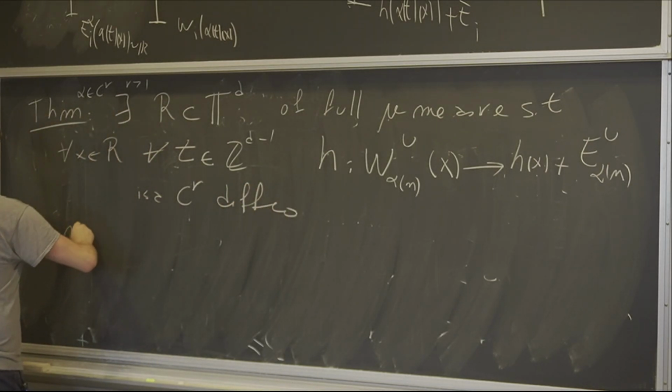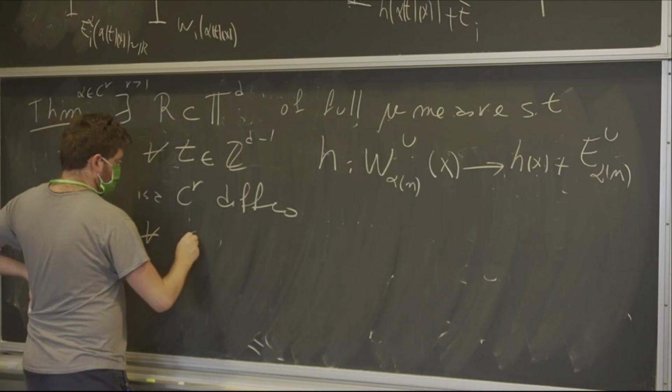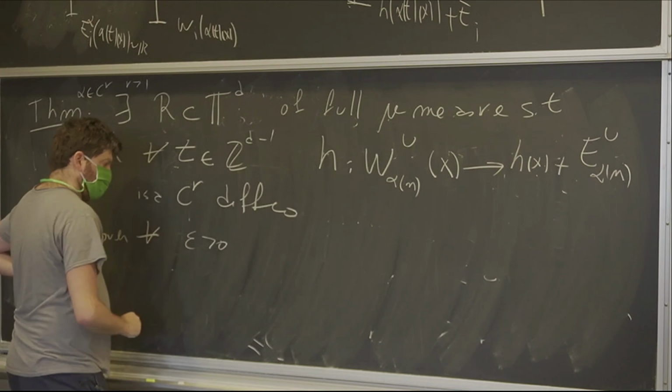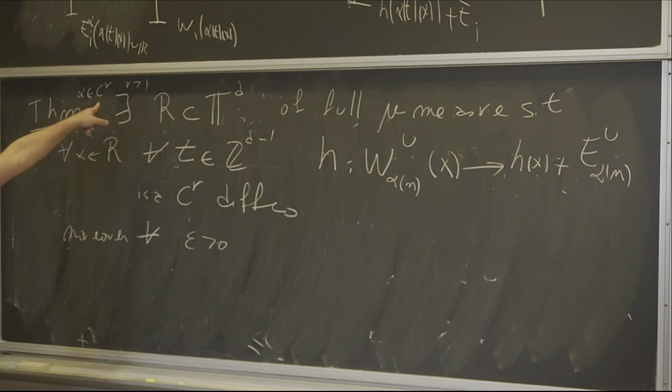Moreover, for every epsilon positive. We need more than one R? Yes, strictly larger than 1. Yeah, at least C1 plus epsilon.